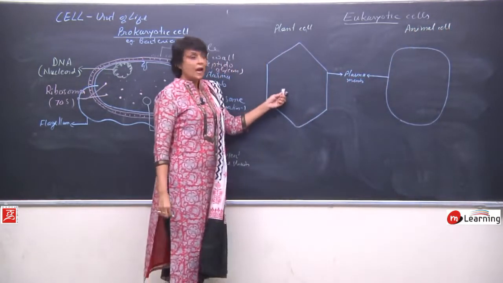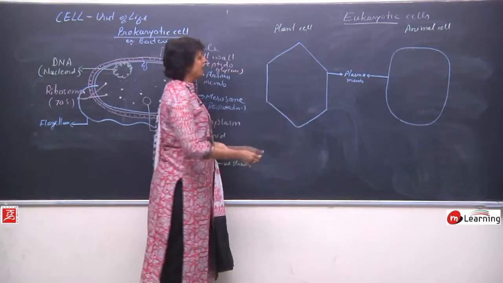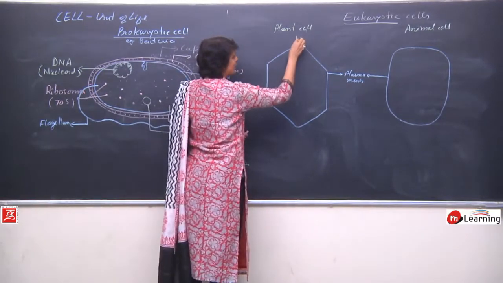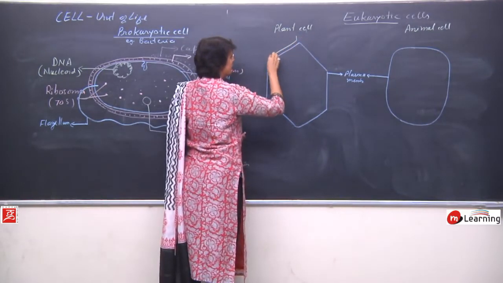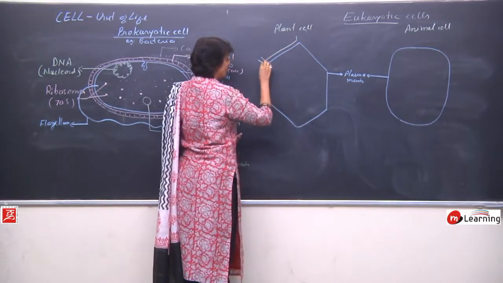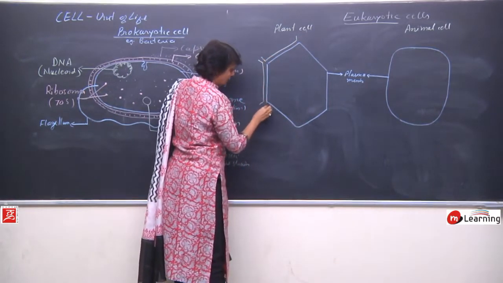In plant cell, outside the plasma membrane, there is one more layer which is made up of cellulose, and it is called the cell wall.